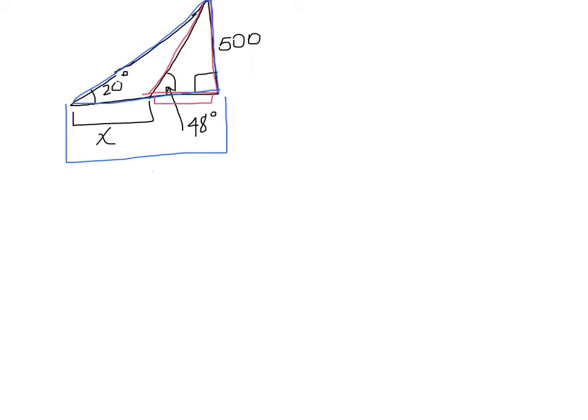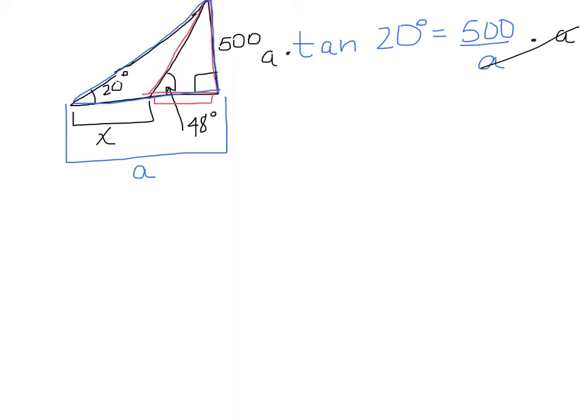Well, let me use blue. So the 500 is opposite, and A is adjacent. So I'm going to use tangent, and then I'll just solve for A. And this is what I have so far.